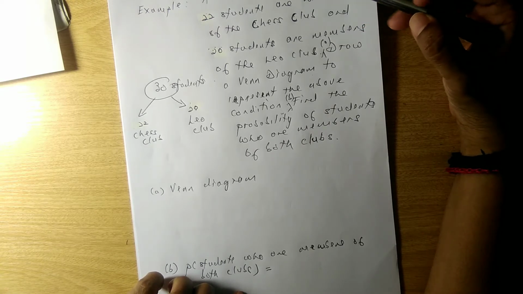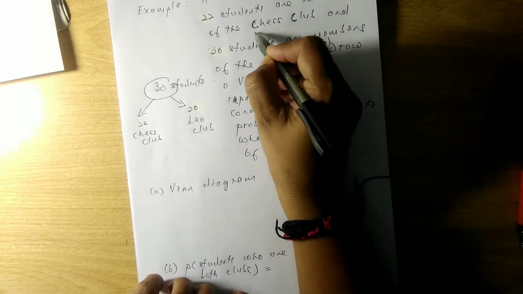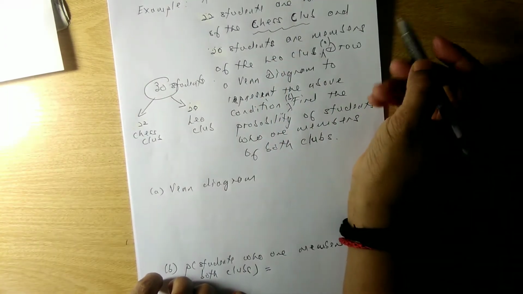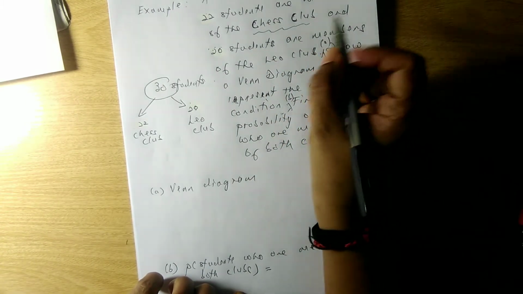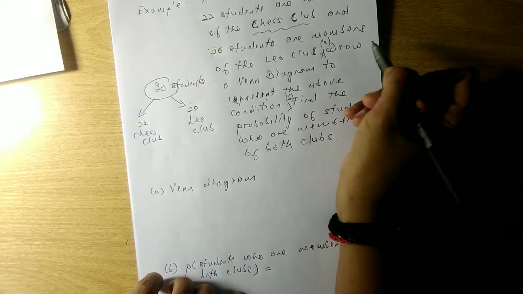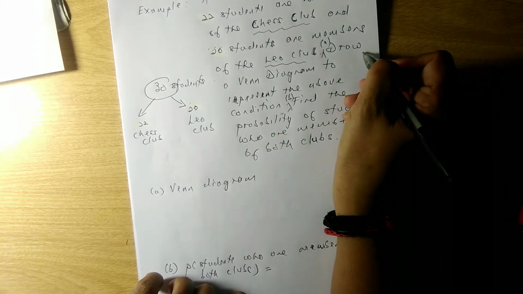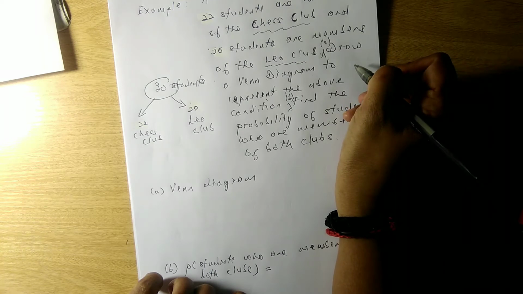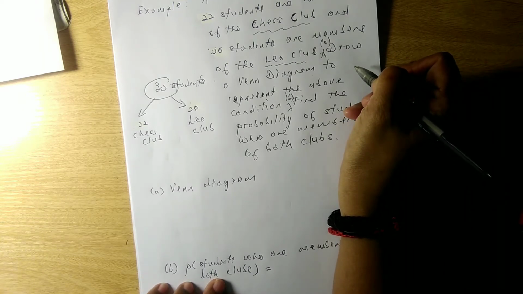And I have 20 students who are members of the Leo club. For A, they want us to draw a Venn diagram to represent the above conditions. And B, find the probability of students who are members of both clubs.